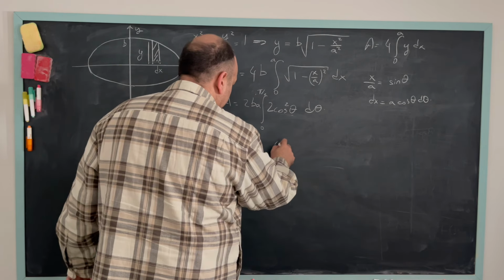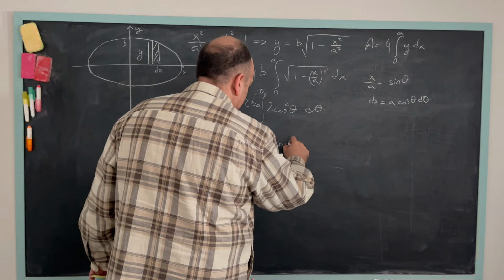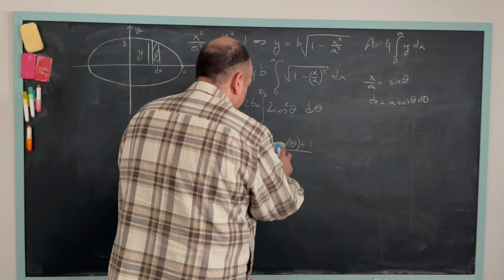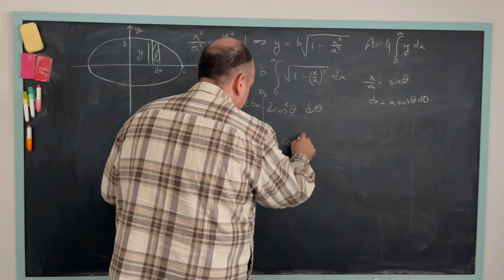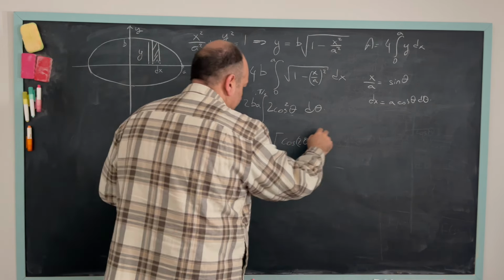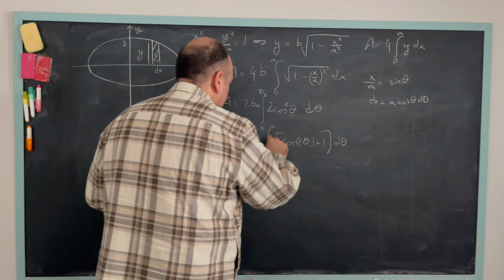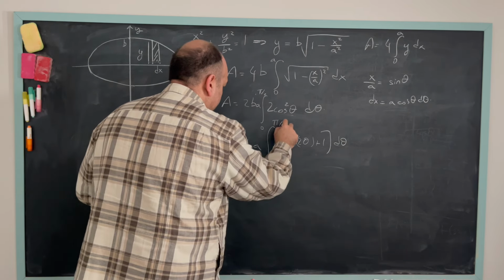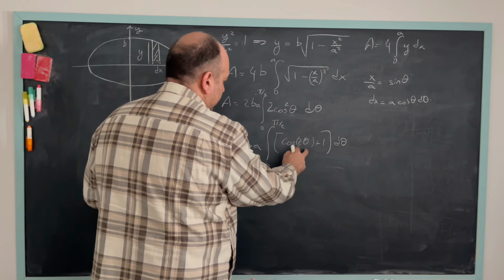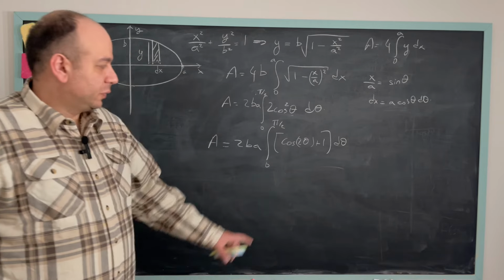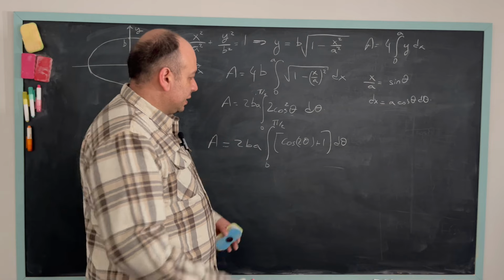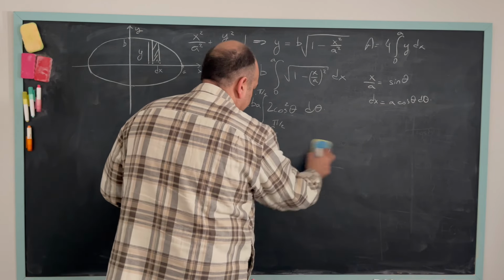As usual, we have cosine 2 theta plus 1, because we already have the 2 here, d theta, integral from 0 to pi over 2. As we discussed before, the first term, the integral of cosine 2 theta, is going to be 0 in these limits. So I just have d theta here.